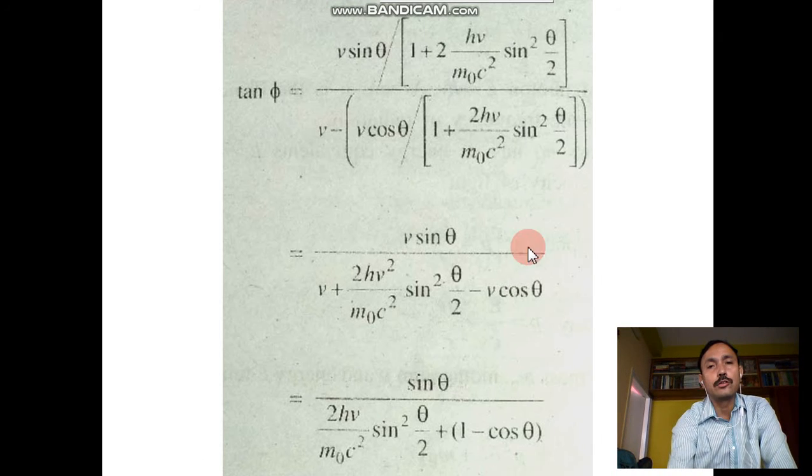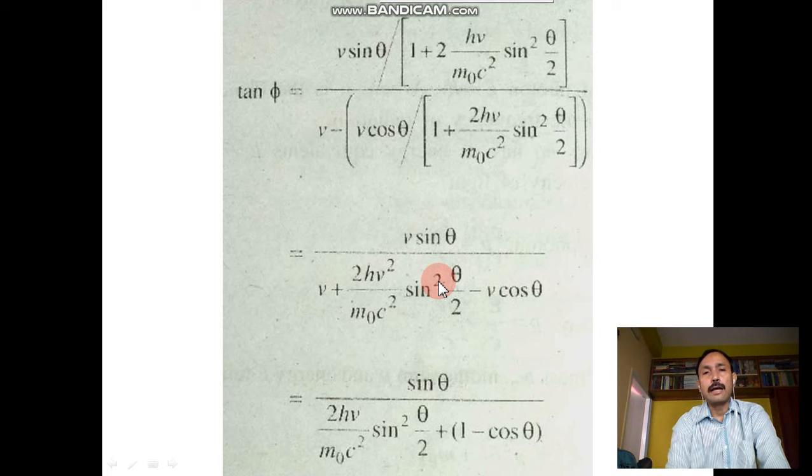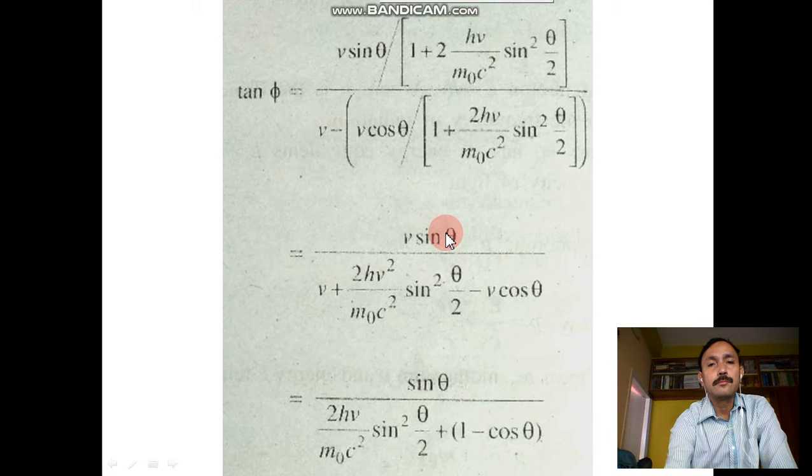So we will get tan phi is equal to nu sin theta by (1 plus 2h nu by m0c square sin square theta by 2), divided by nu minus nu cos theta by (1 plus 2h nu by m0c square sin square theta by 2). On simplification, this becomes nu sin theta by (nu plus 2h nu square by m0c square sin square theta by 2 minus nu cos theta).